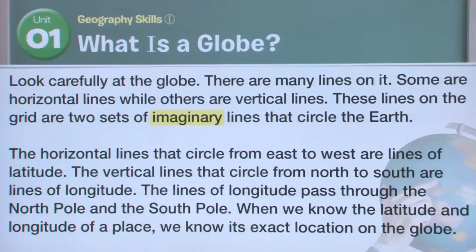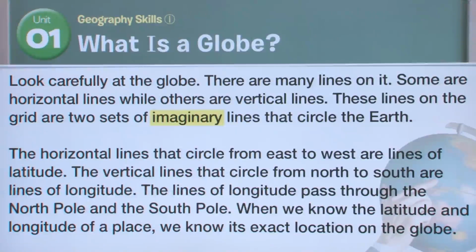The vertical lines that circle from north to south are lines of longitude. The lines of longitude pass through the North Pole and the South Pole. When we know the latitude and longitude of a place, we know its exact location on the globe. There, that's the reading. Thank you very much for reading with me.